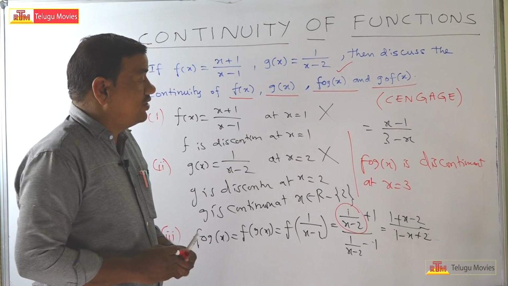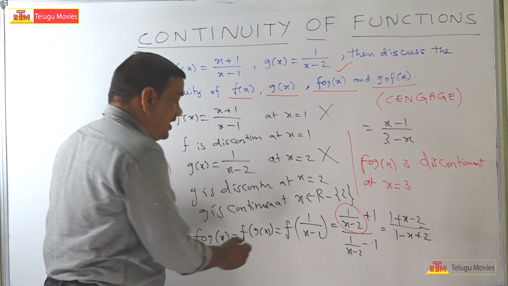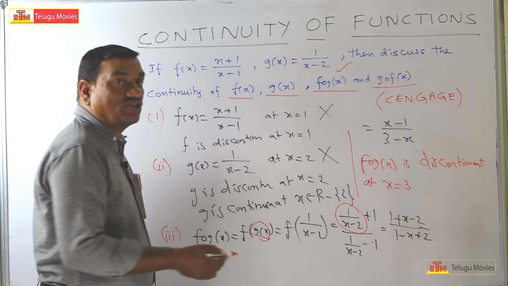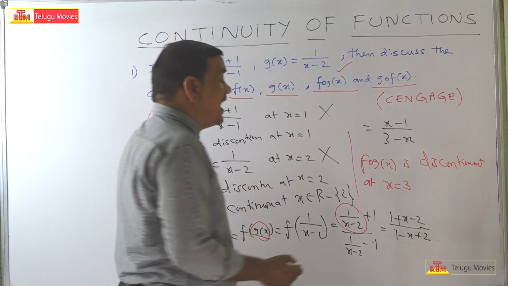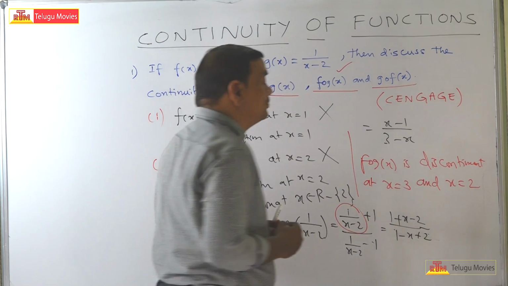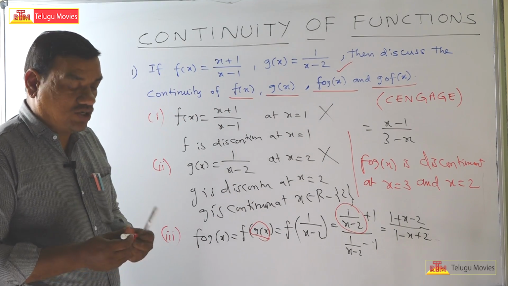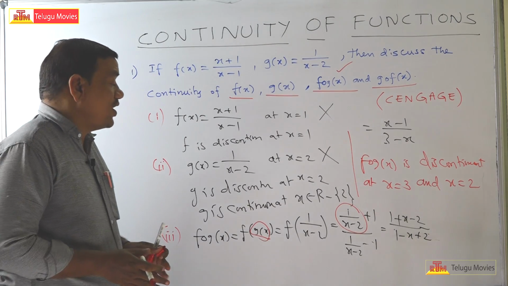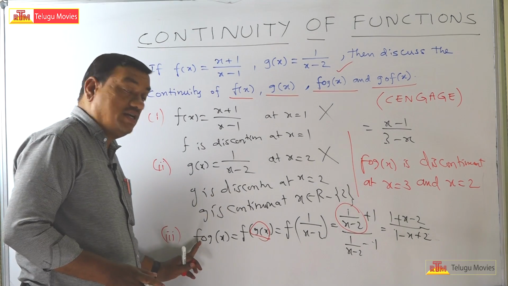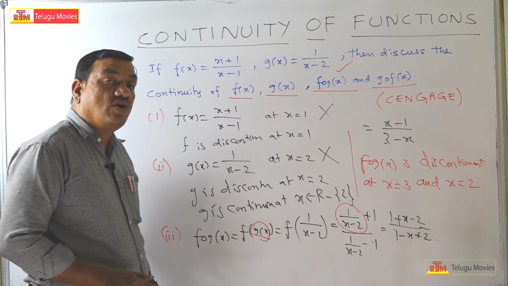That's why you have to write that f circle g of x is discontinuous at x is equal to 3, and the condition of g of x also, that is x is equal to 2. Understand? Did you catch this point? So what is the point we have discussed? If you are finding f circle g of x, you have to find f of g of x.